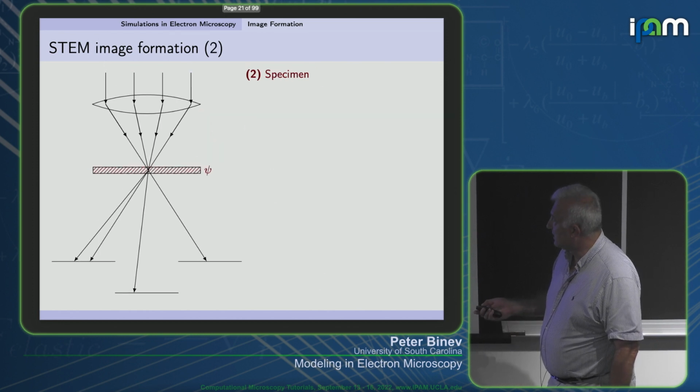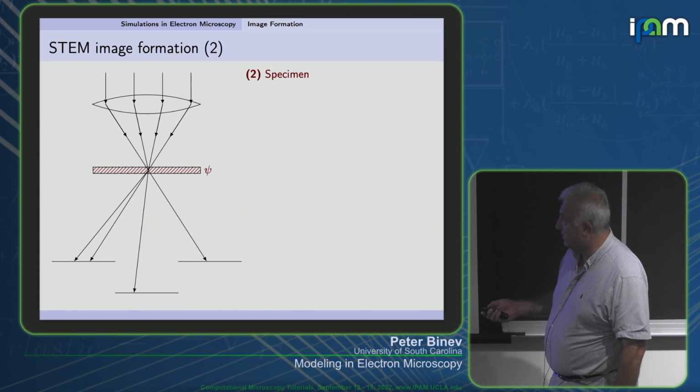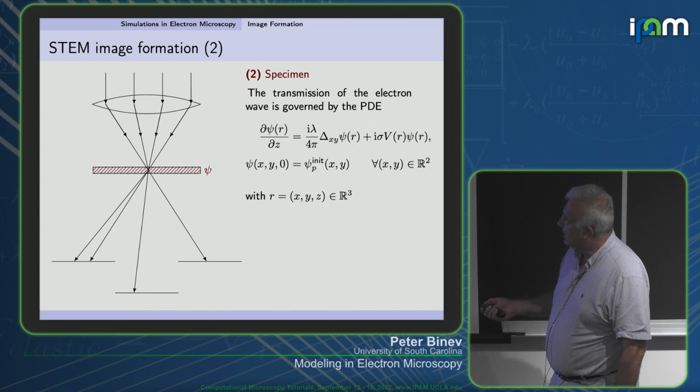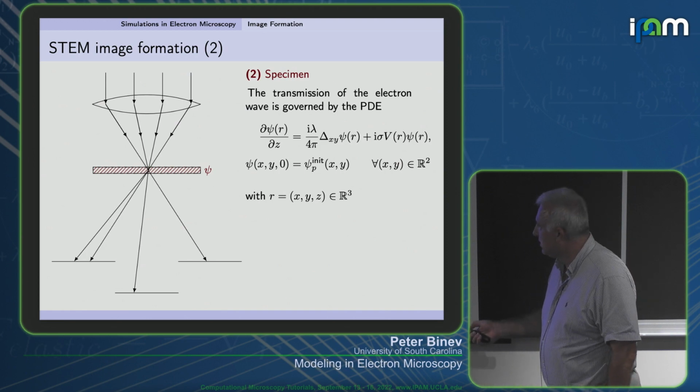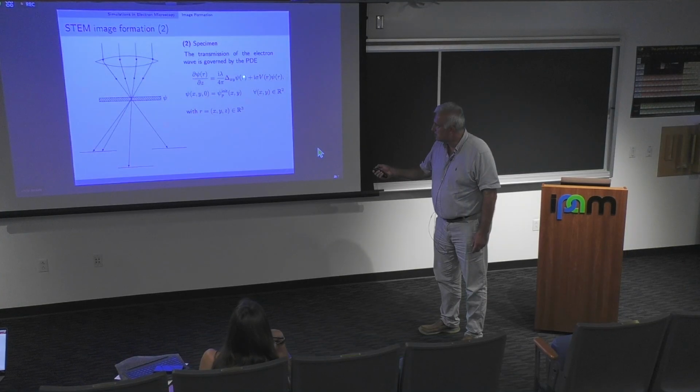So then the second one is what is happening in the specimen, and in the transmission of the electrons, we have the PDE. This is the Schrodinger equation. We have the initial condition, and here just R means the XYZ coordinates.